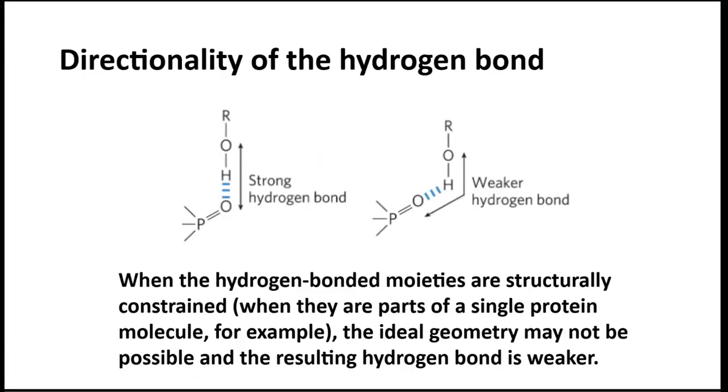And another note is this hydrogen bond has some directionality, where if you see it's straight up and down, this is a very strong hydrogen interaction. But if you see it at an angle, then this is a weaker hydrogen bond when you see it depicted in a picture.